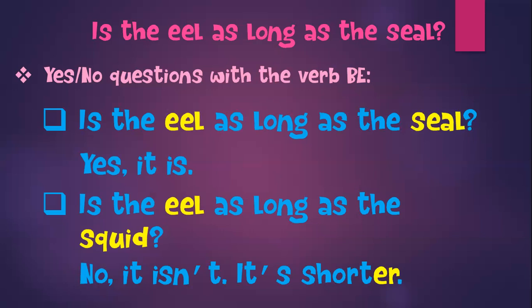So in this case, we add information. For example, it's shorter because the eel is shorter. So one more time. Is the eel as long as the squid? No, it isn't. It's shorter. So I am adding information to this answer.